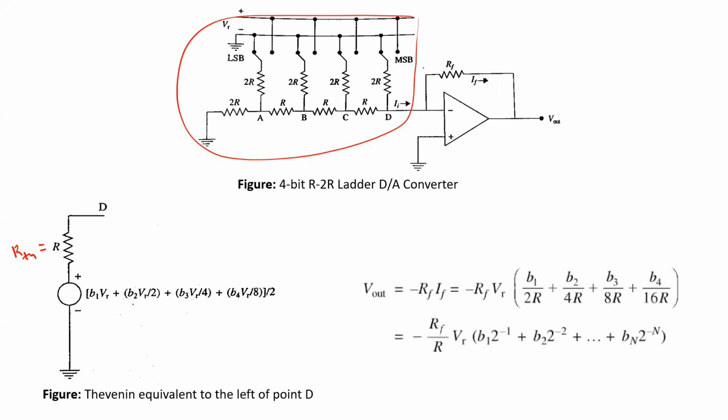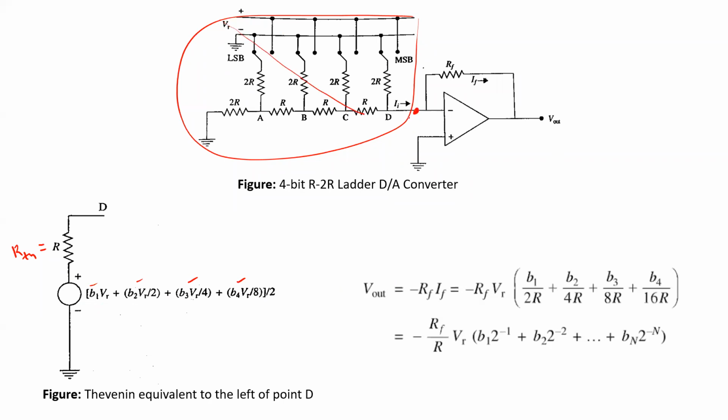In this process of change in the Thevenin voltage, you can see that the weightage to different bits is actually changing in multiple stages. So finally, at this point, you can say that we have simplified this portion of the circuit.